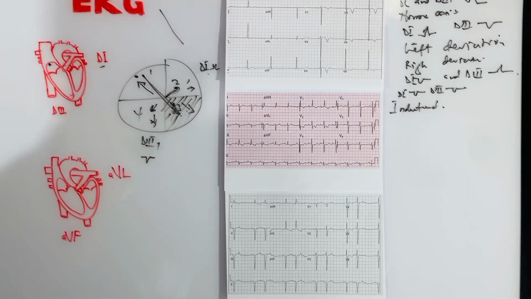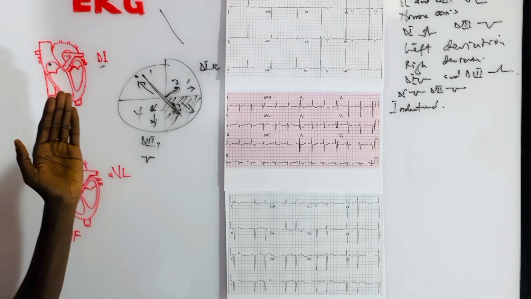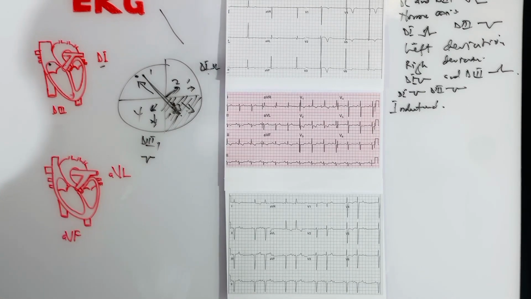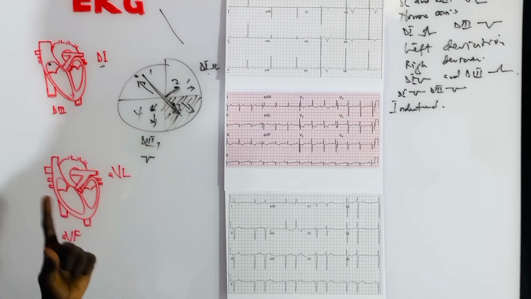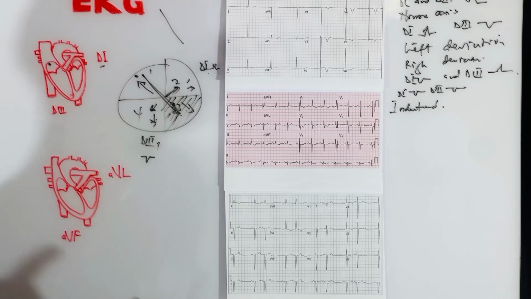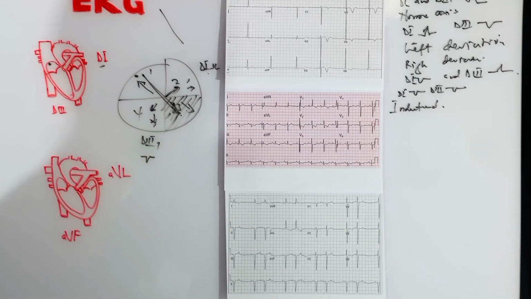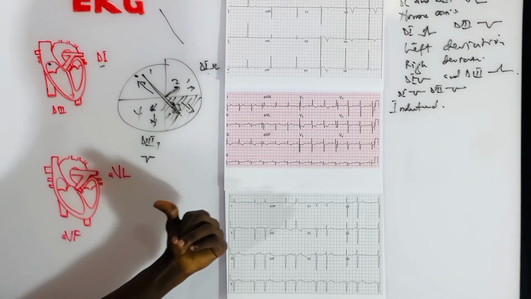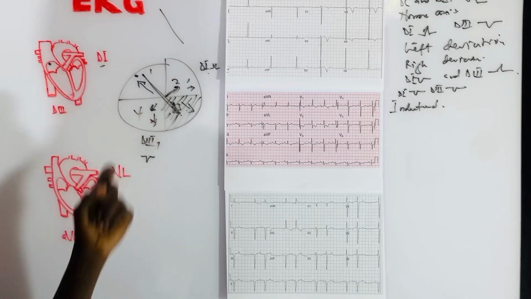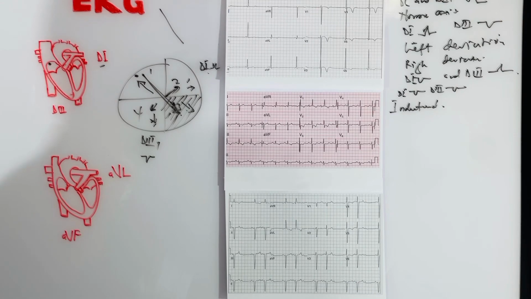So we have a normal axis where the vector will be moving towards the third quadrant, where it gives a reading of positive in both D1 and D3. And then right deviation is where the vector will be moving towards the fourth quadrant. Do you understand?